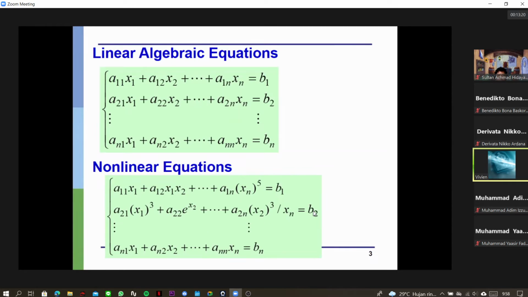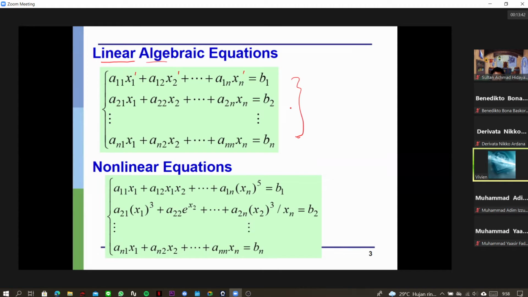This is called the set of linear algebraic equations. If we talk about linear, it means that the order of the equations that we solve is in power of 1. So this is linear equations, and this is what we are going to discuss now.